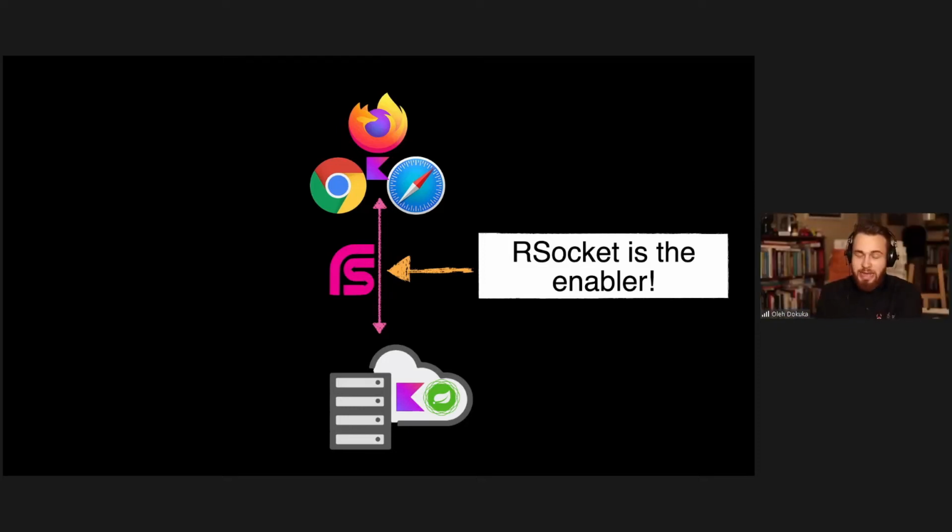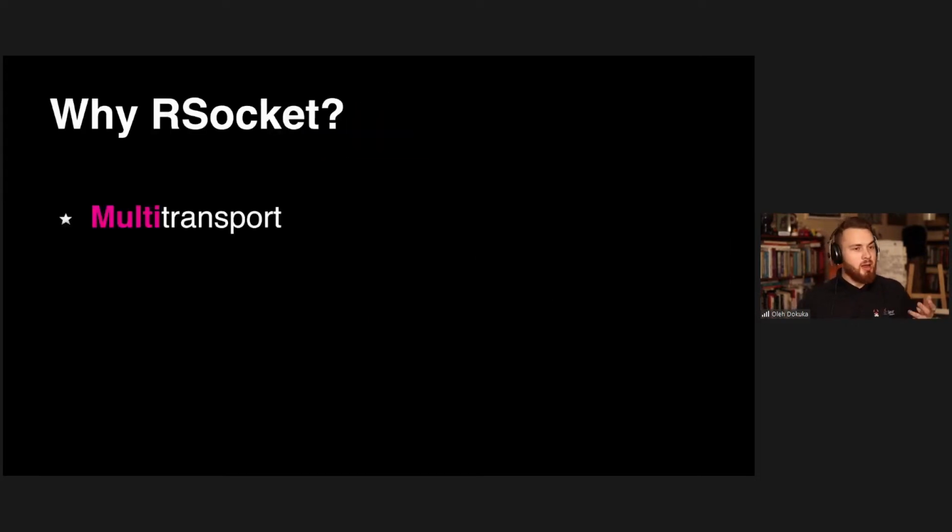Yeah, absolutely. And actually RSocket has full compatibility with this word multi, because it has, first of all, many features which enable usage of RSocket for multiple purposes. For example, it supports multiple different transports.